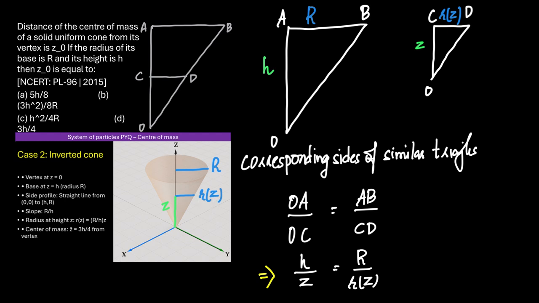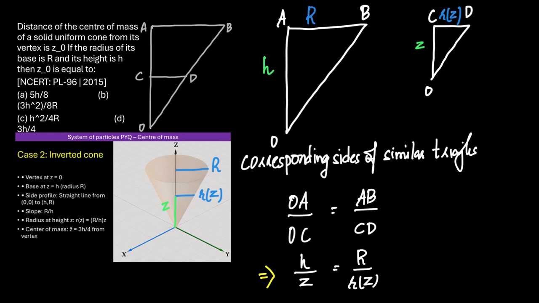So radius of this cone is a function of z, and it varies from 0 to maximum radius R here. Yes, the side profile of this, which means the slant height here, varies from 0, 0 at this origin to H comma R, which is this point over here.